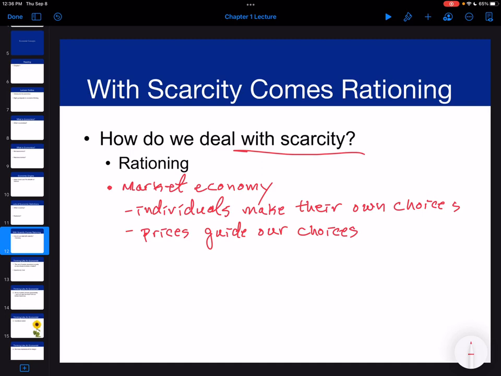The price. So we each make our own choices over the resources we have, and then we choose to buy this, that, or the other thing. That's how we figure out who gets what resources, okay? And so the key thing here in a market economy is prices guide our choices, and you have to ask yourself, can you afford the good?